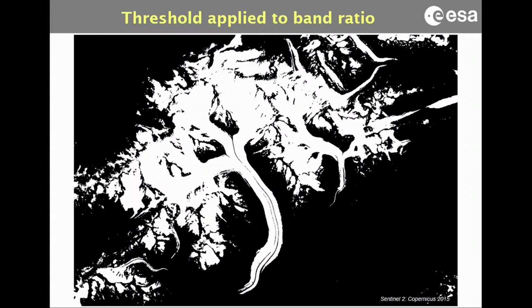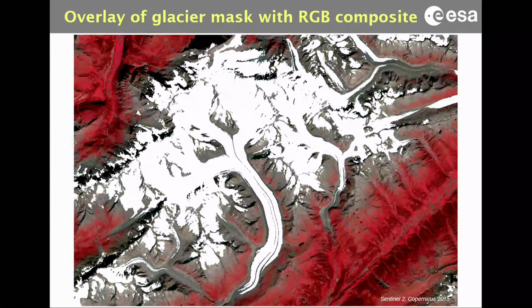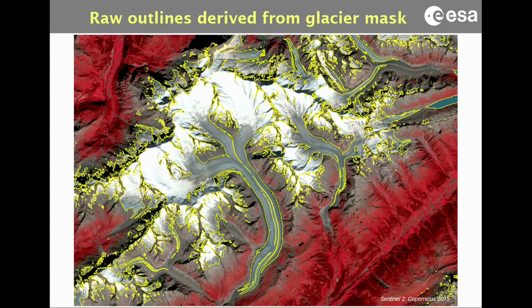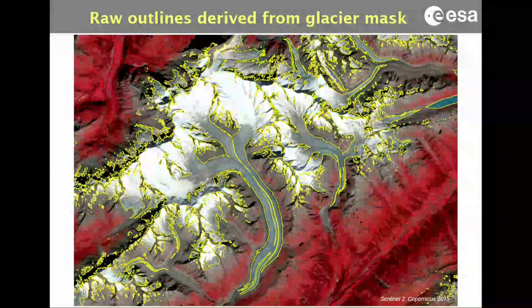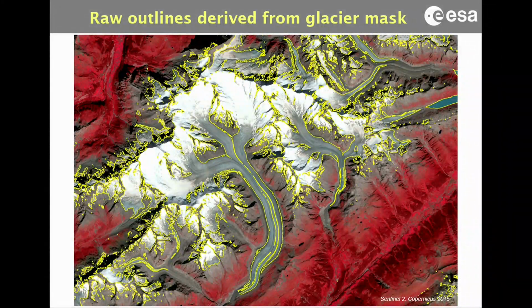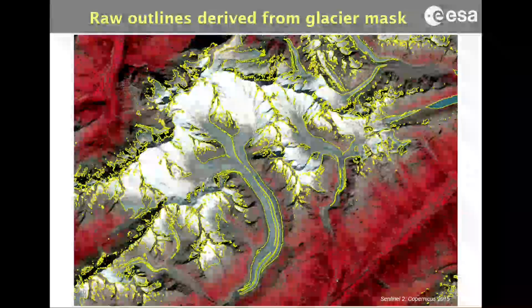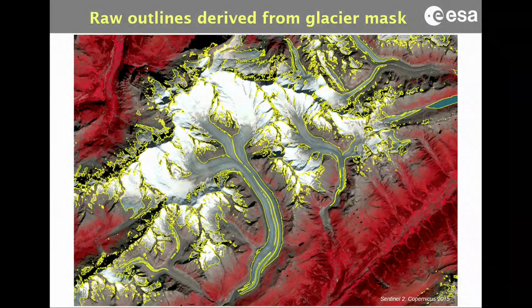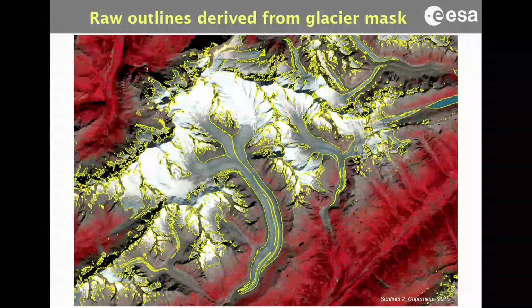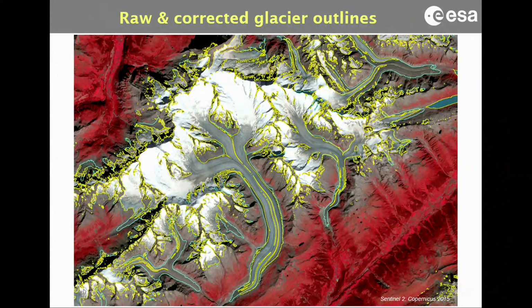So this part of the game takes maybe 10 minutes for a full scene with hundreds of glaciers. But as you see, the glaciers are not complete. So the debris-covered parts are not included, which I can show you here as an overlay. When you do the raster vector conversion, you get these polygons in yellow, and you see the gaps due to medial moraines or the moraines in the lower parts, and these have to be manually edited.